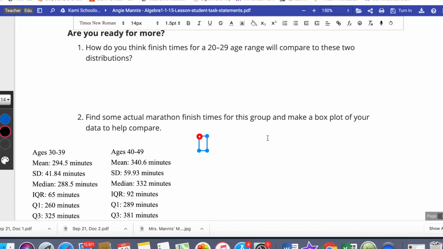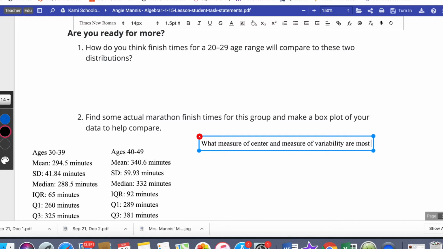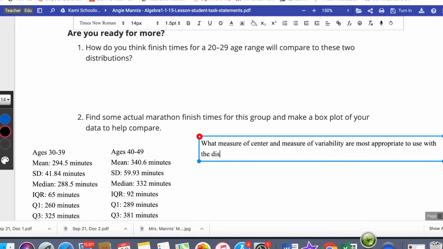So let's do this. What measure of center and measure of variability are most appropriate to use with the distributions?